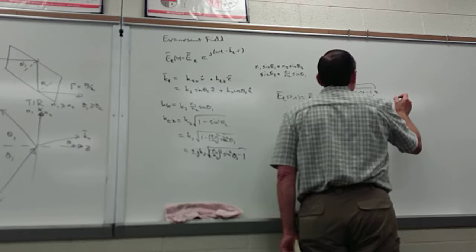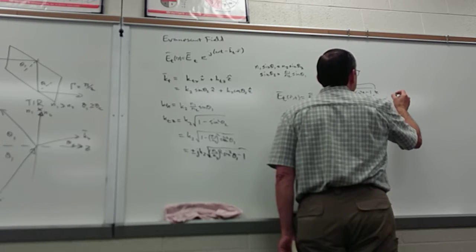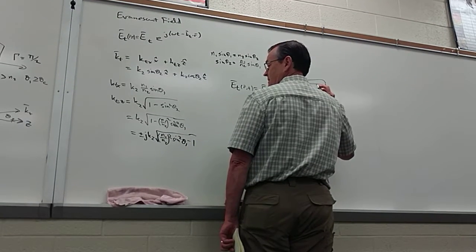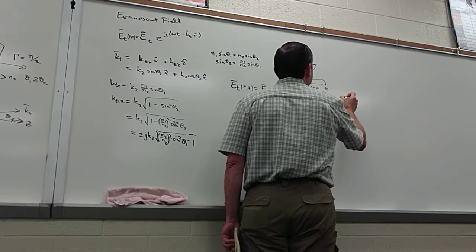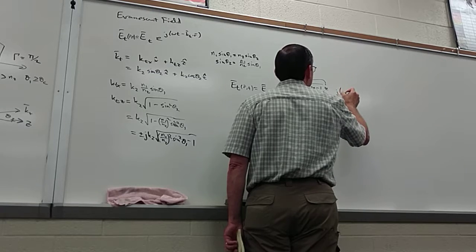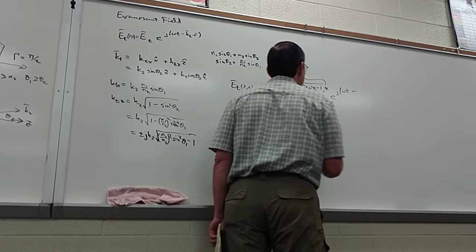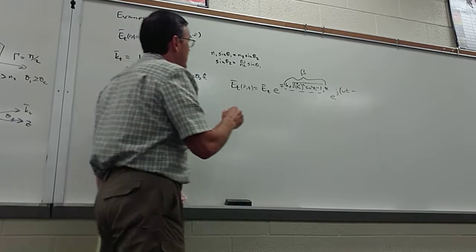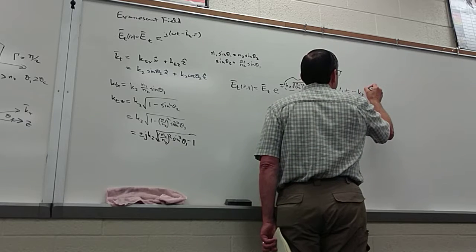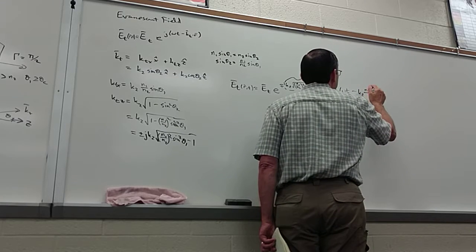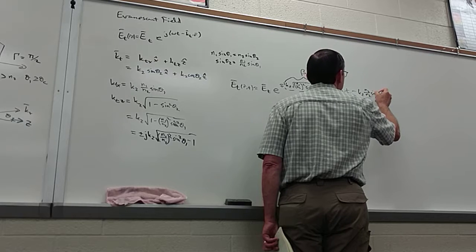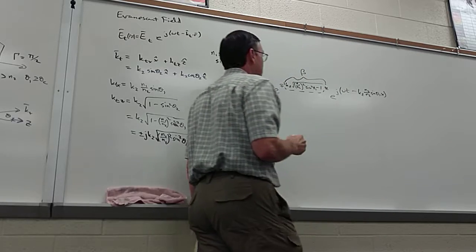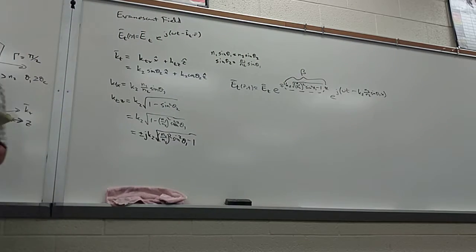So then we have e to the j(omega t minus, and now I still have the ktx times x term. So that is k2 n1 over n2 sine theta 1 x. Okay?